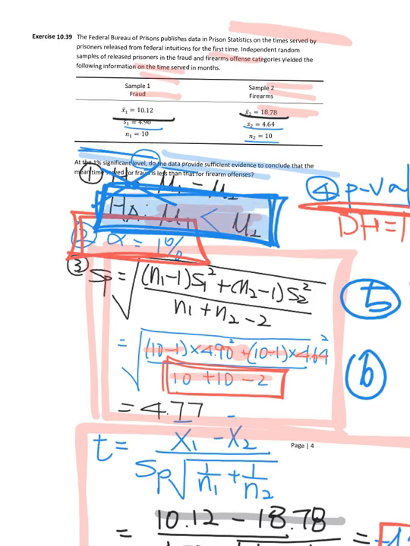Who was mu1? Mu1 was the mean time to serve for fraud. Who was mu2? The other, the mean time for firearms. Who is longer? Firearms. So absolutely, we can make the conclusion.